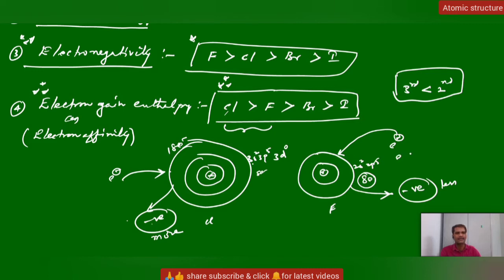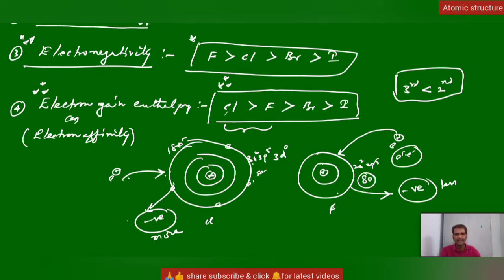So electron-electron repulsions are more in the case of fluorine than chlorine. In chlorine, the electrons may be present a little far away, because a lot of space is available. So the 7 electrons already present may be very far apart, and you can comfortably add one more extra electron. So electron-electron repulsion in chlorine is less. If repulsion is less, we can add an electron very comfortably in chlorine than in fluorine.